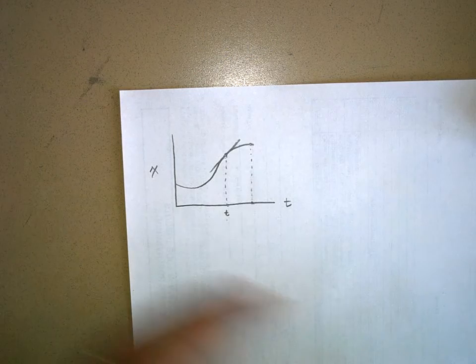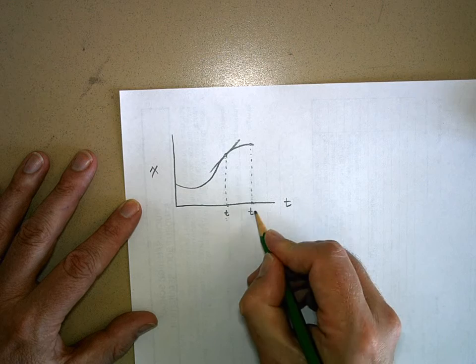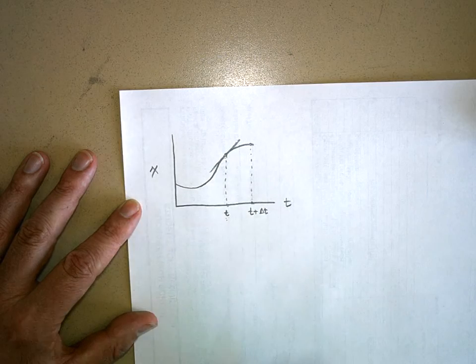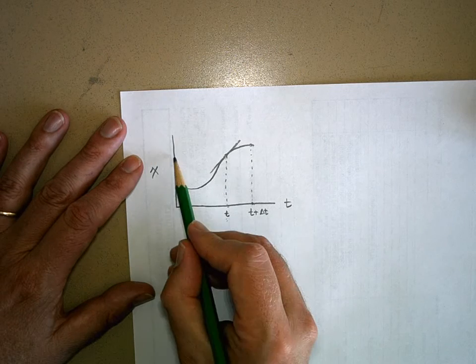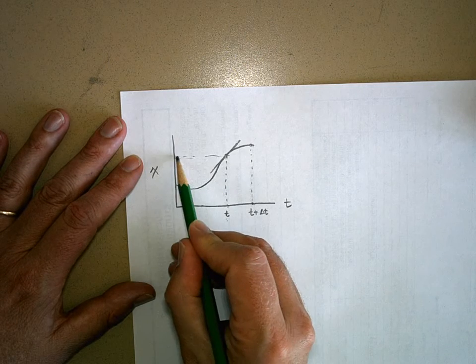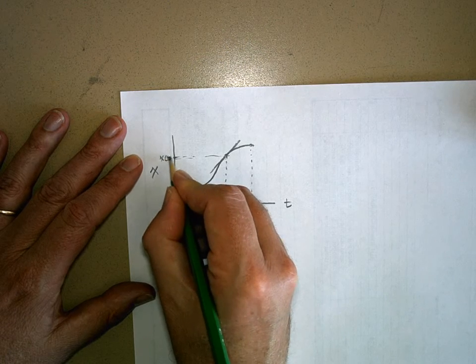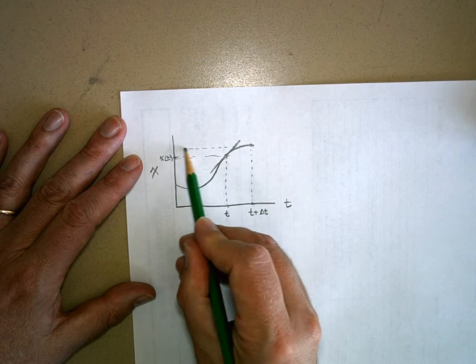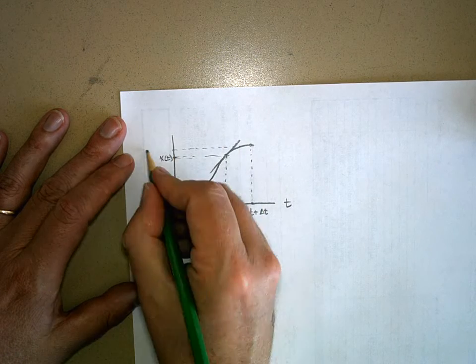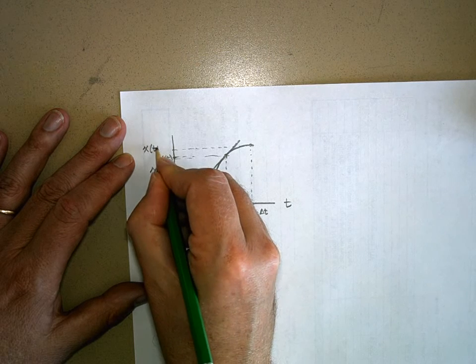So what time is this? Well, it's this time plus delta t, right? Okay. And so this right here is x at time t. And then this right here, what is this? This is x at t plus delta t.